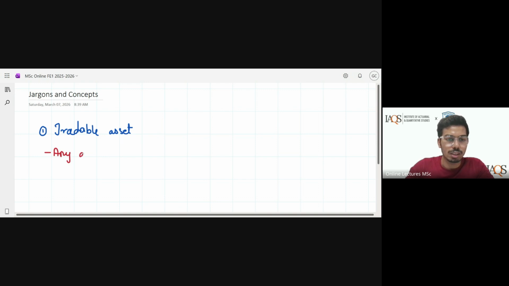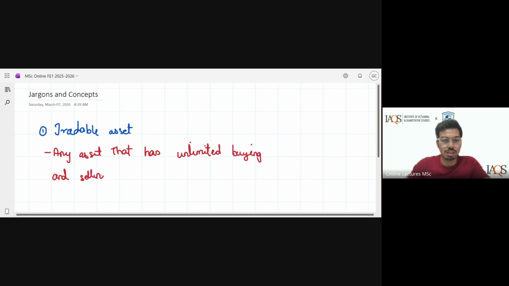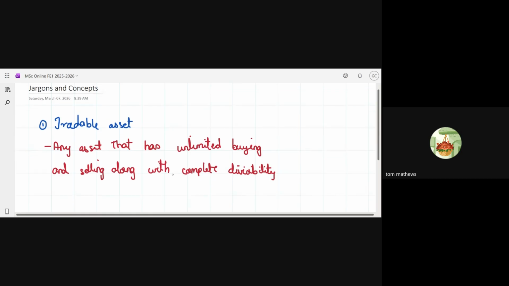Any asset that has unlimited buying and selling along with complete divisibility. Tradable asset.